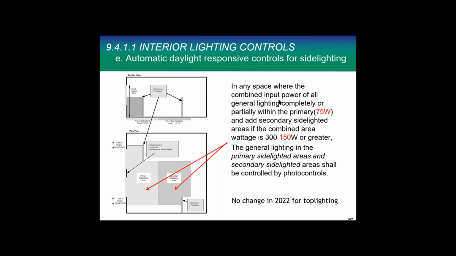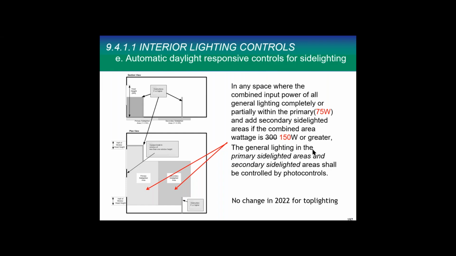Any space where the combined power input of all general lighting, completely or partially within the primary area, is 75 watts, and the secondary sidelight areas have a combined wattage of no greater than 150 watts, then you have to have daylighting.